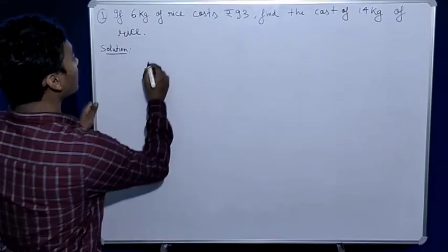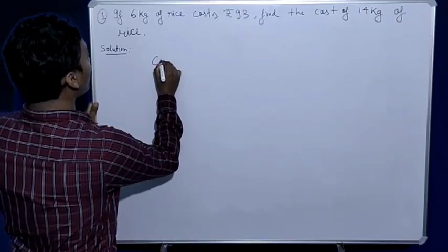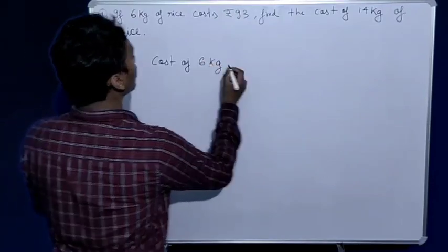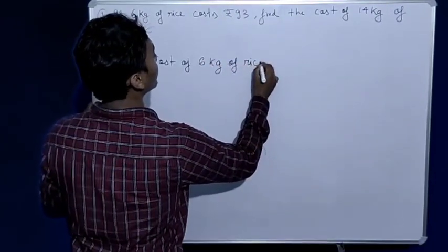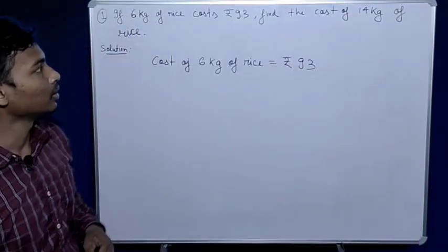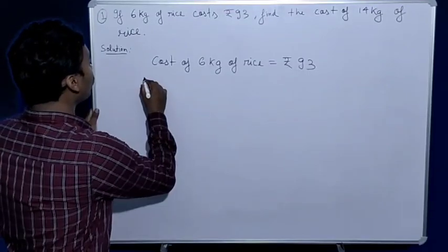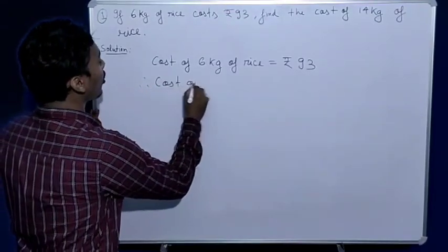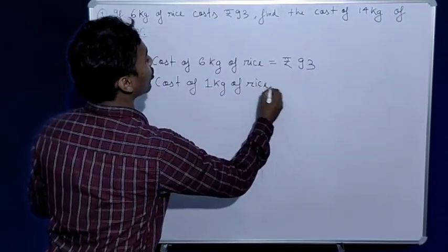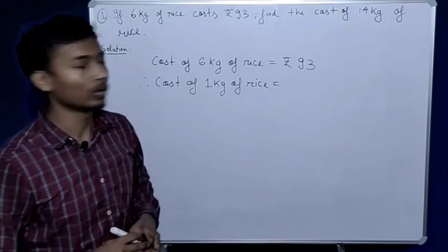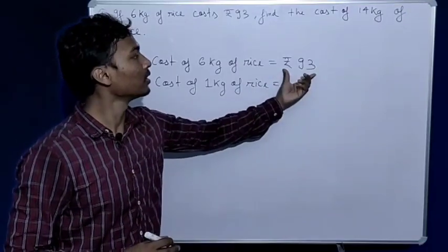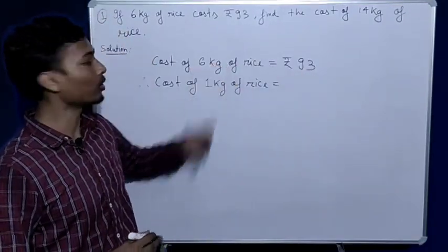So let's write what is given. Cost of 6 kg of rice is equal to rupees 93. Therefore cost of 1 kg of rice will be equal to, what will we do to find the value of 1 unit? We will divide the value by the given number of units.